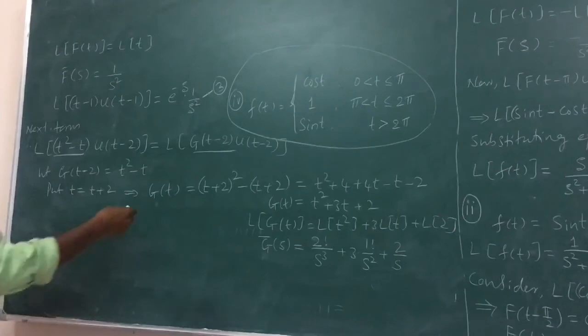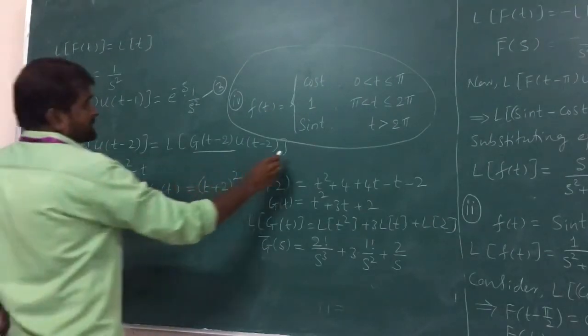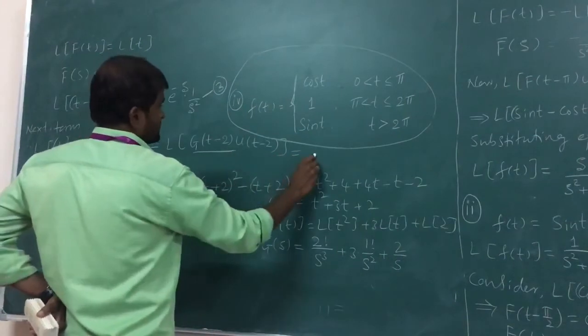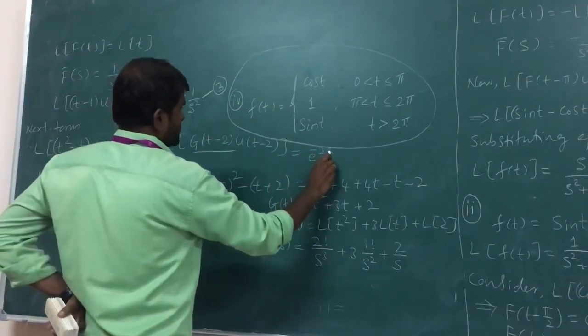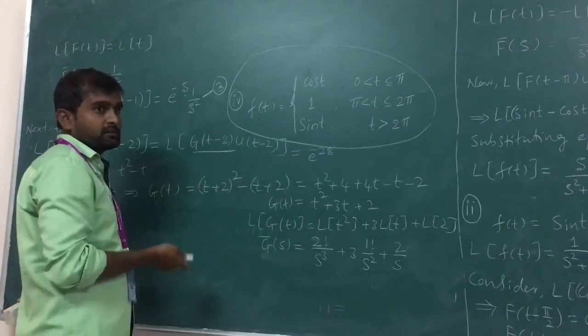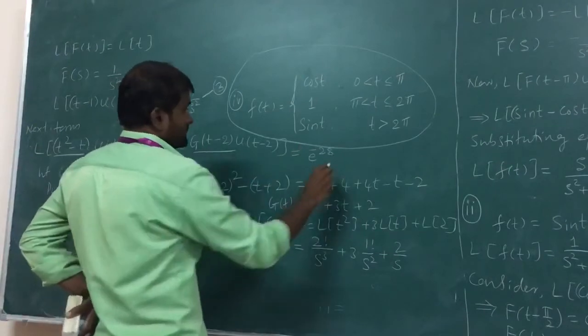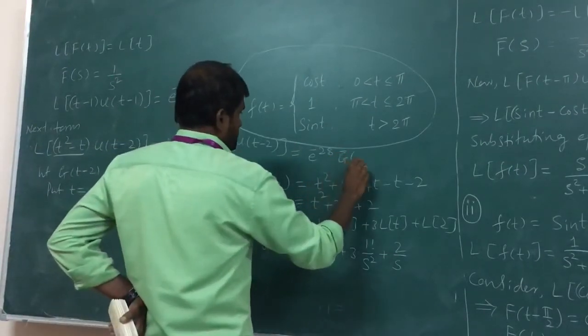Once we get the g bar of s, it is equivalent to e raised to minus 2s into g bar of s.